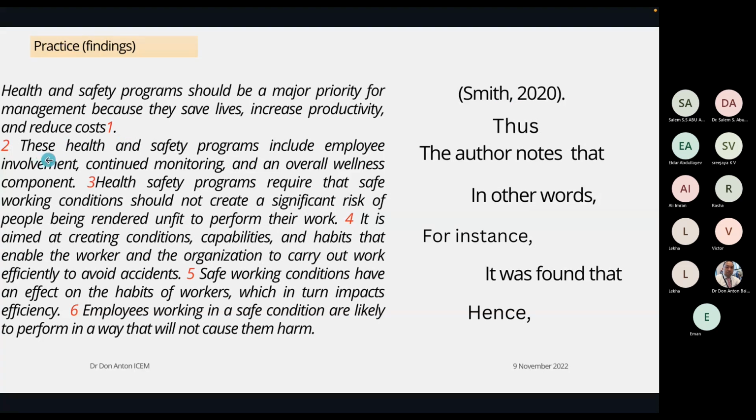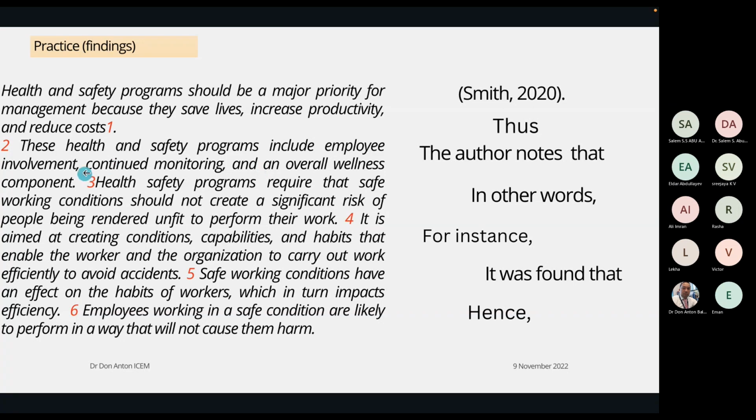And then number two. Look at the use of the comma in the series: include involvement, continued monitoring. When you do this, what are you actually doing? You're giving examples, so you will say "for instance."